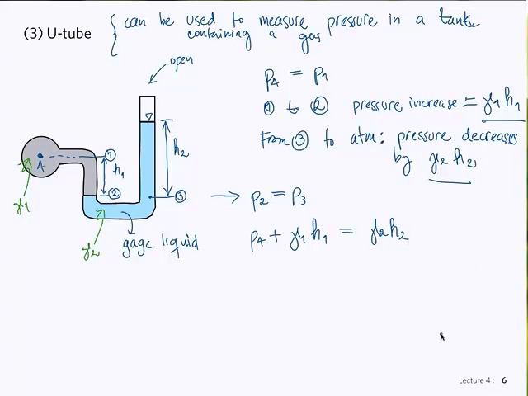Atmospheric pressure, we don't need it because we're going to measure gauge pressure relative to atmosphere. So now we can solve for PA, and it's simply going to be equal to gamma 2 H2 minus gamma 1 H1.